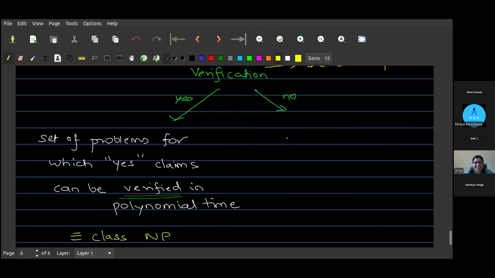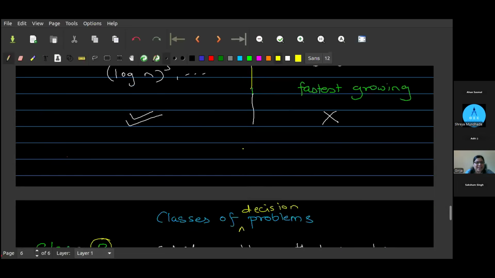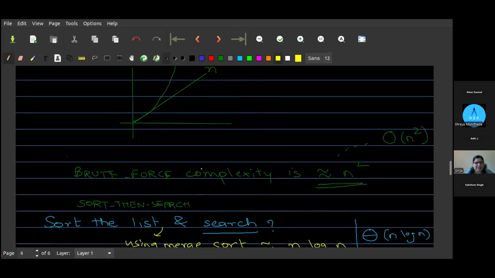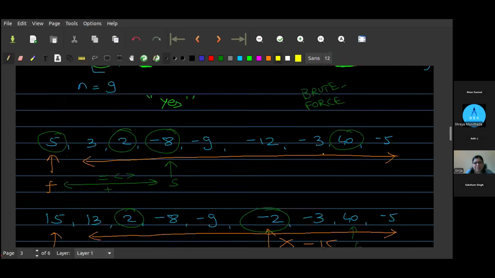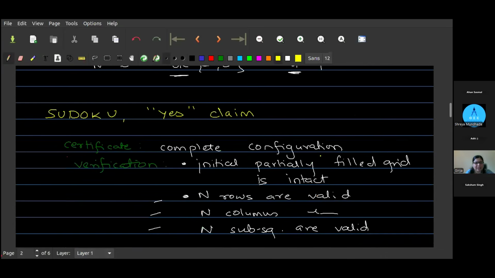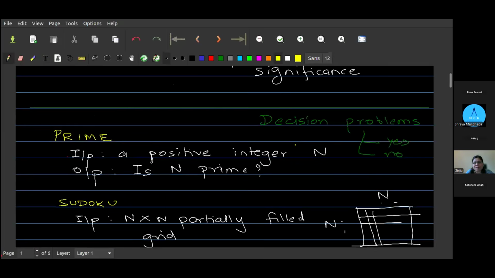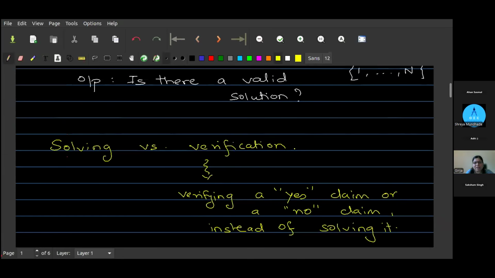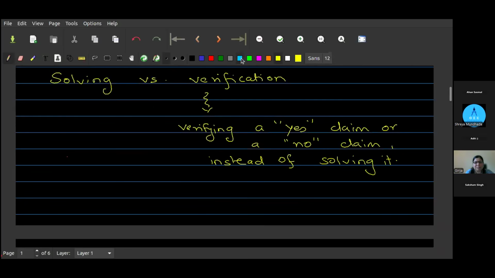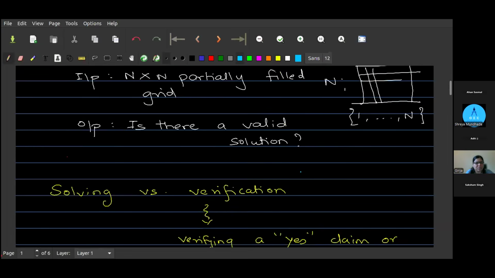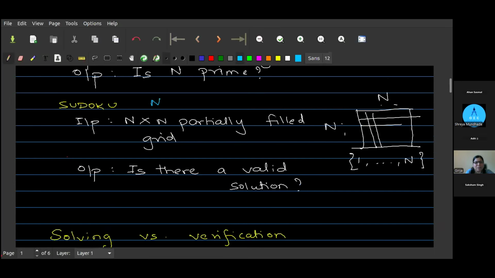Right. So basically I can go back here and say that Sudoku yes claim can be verified. I can define Sudoku as maybe some other problem, and then ask a different question.